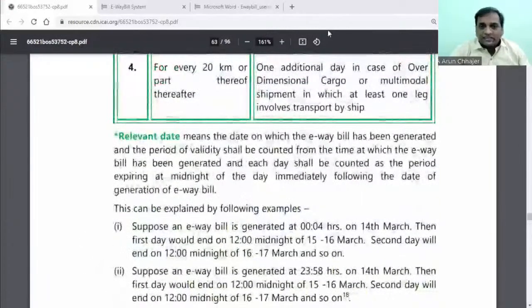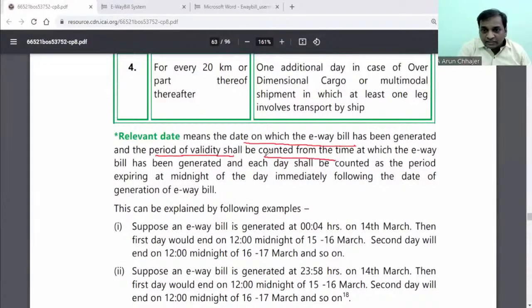What is the meaning of relevant date? Relevant date means the date on which Eway Bill has been generated, and the period of validity shall be counted from the time at which it has been generated. Each day shall be counted as the period expiring at midnight.